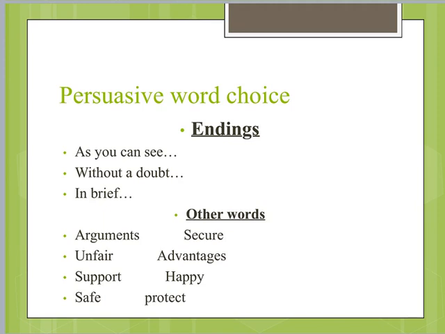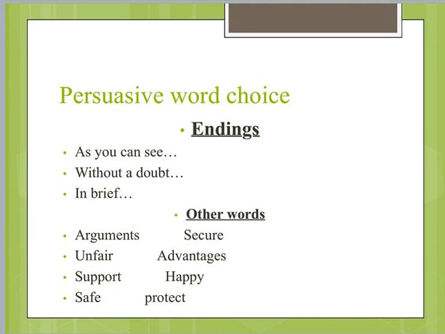All right. The last slide in the persuasive word choice is endings. When you're going to end your letter or your leaflet or poster, your persuasive piece of writing, you need to conclude, and we restate our opinion again. We summarize everything we wrote, like the facts, the reasons, the causes, what will happen, and so on.